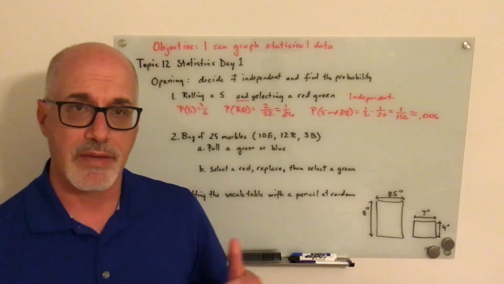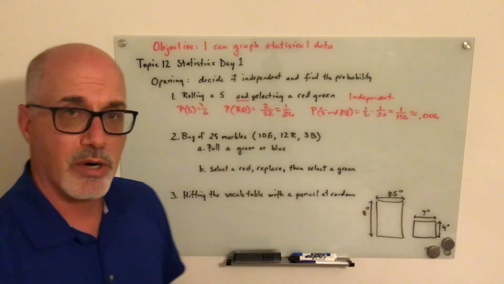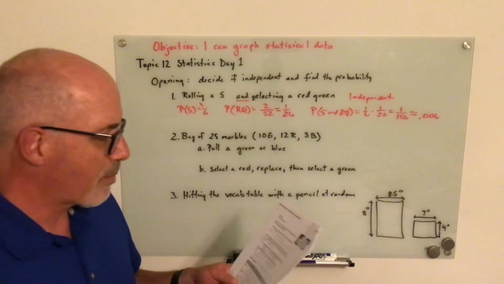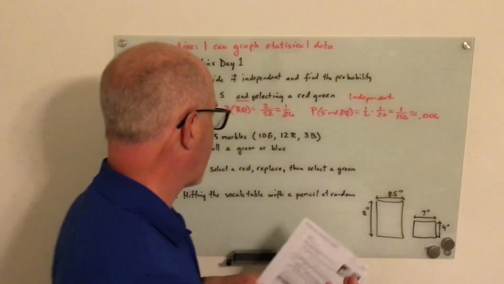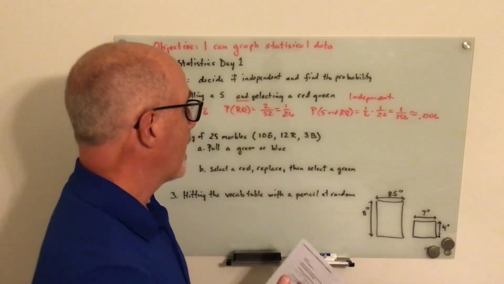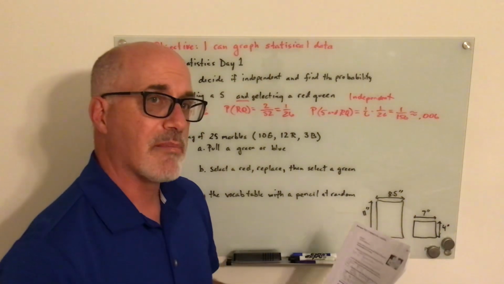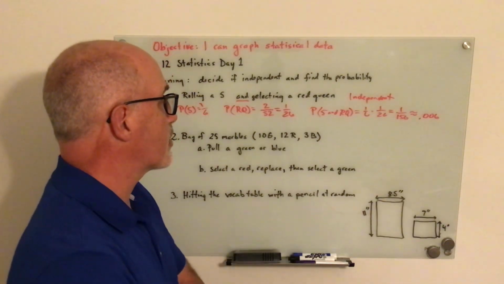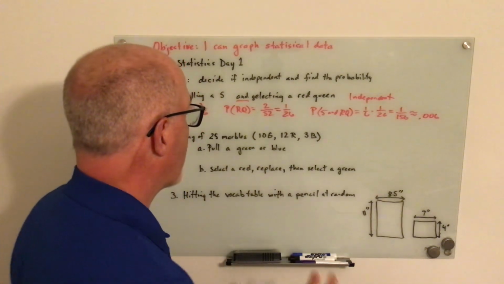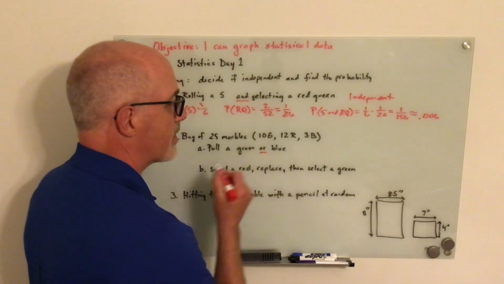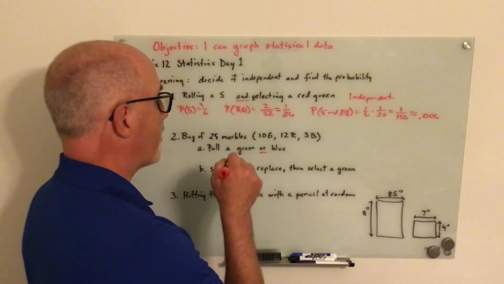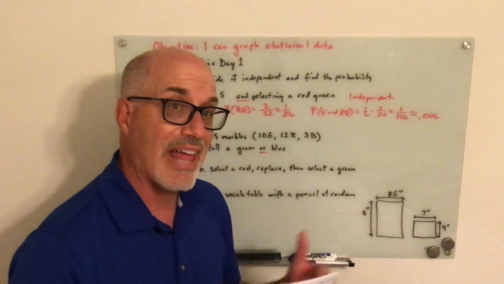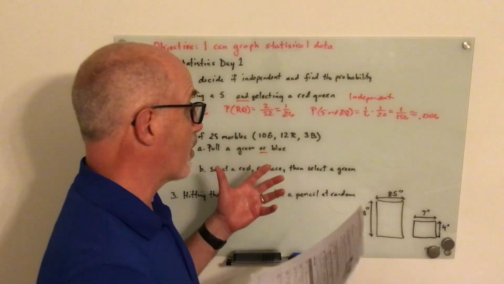Problem 2 now is where we have this bag of 25 marbles with 10 green, 12 red, 3 blue. What's the probability of either getting out a green or a blue? Now, there's no overlap between the two of them. Since they're mutually exclusive results, when we have the word or, that's the critical word, you can find the probability of a green and the probability of a blue and add them together, because it's like they're now one color.